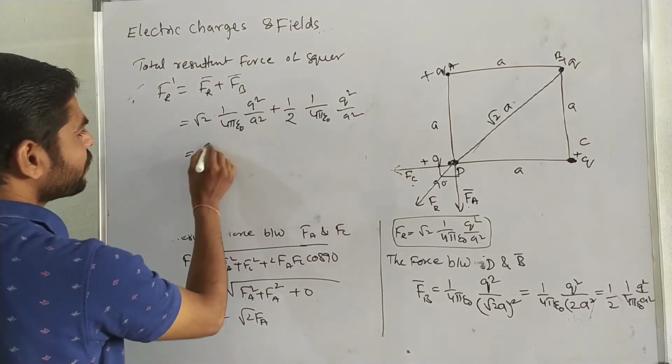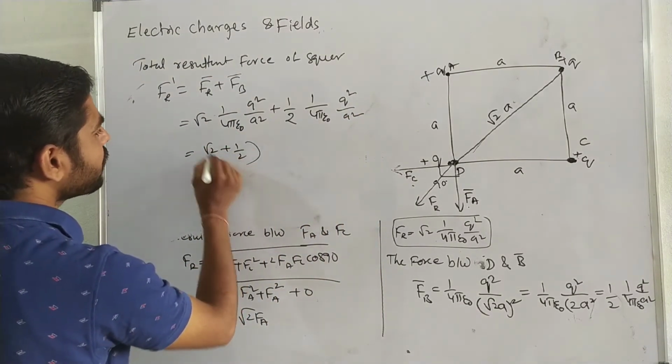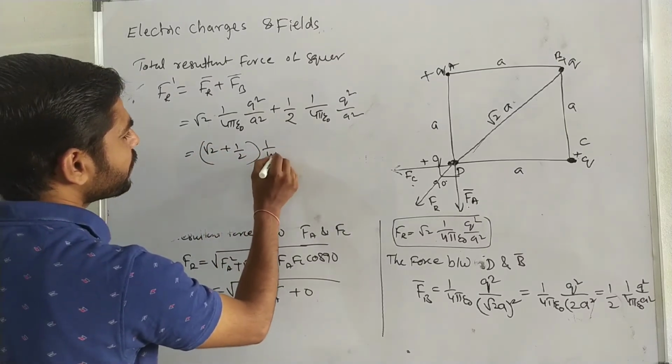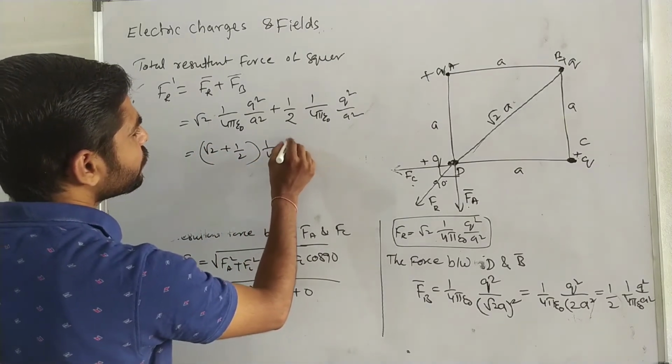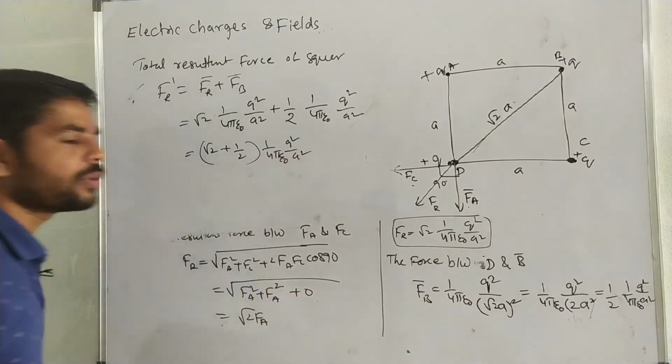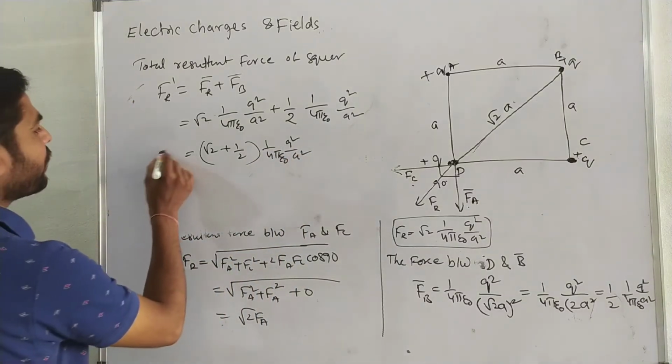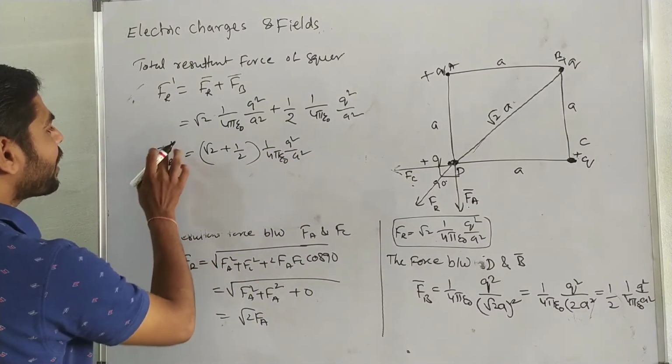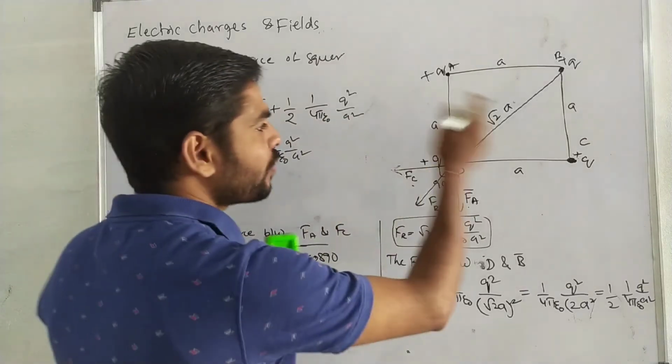So take common, root 2 plus 1 by 2 times 1 by 4 pi epsilon naught into q square by a square. Simple. So this much Fr value we got, Fr dash, by doing this square value.